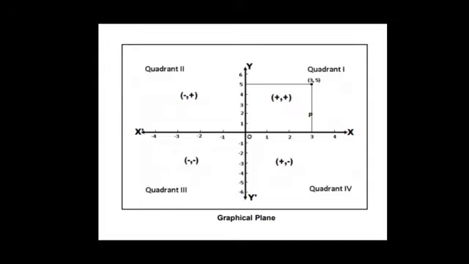In quadrant third, both the values of x as well as y are negative. And in quadrant fourth, x is positive whereas y is negative. Since most of the business data are positive, so quadrant first is most frequently used, where we can show the positive values of both x and y.